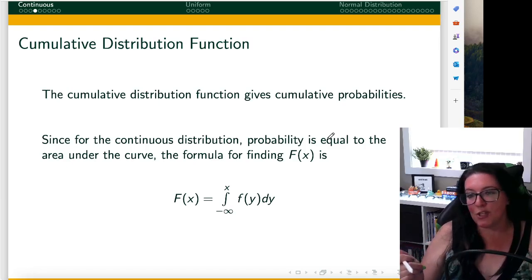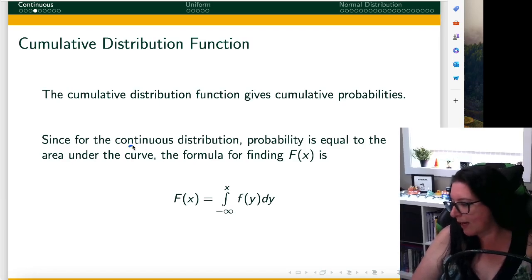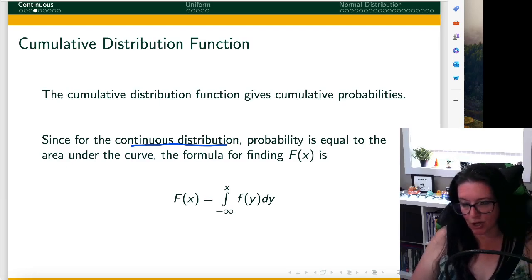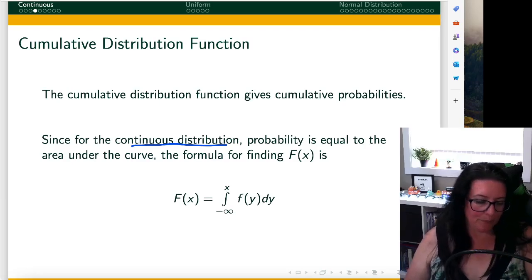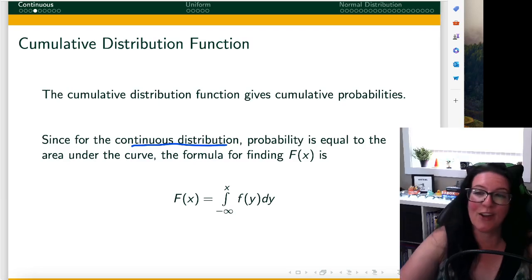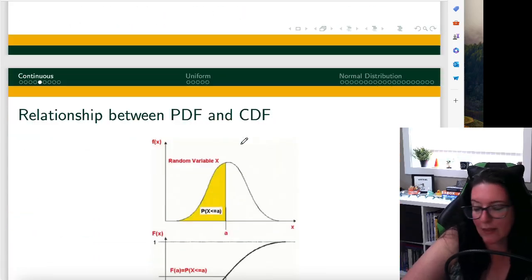With a cumulative distribution function for a continuous distribution, we're getting the probability of the area under the curve. What we're actually doing is using calculus to find that area under the curve. We won't do calculus in this.